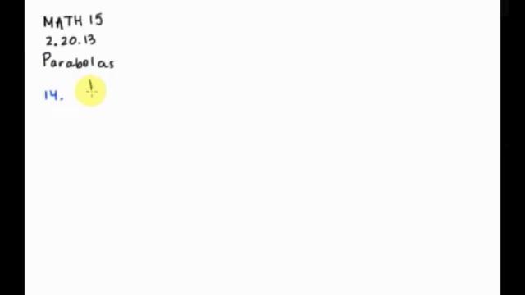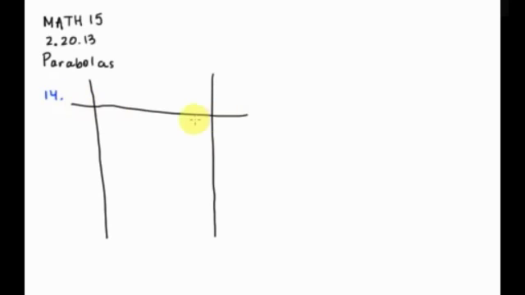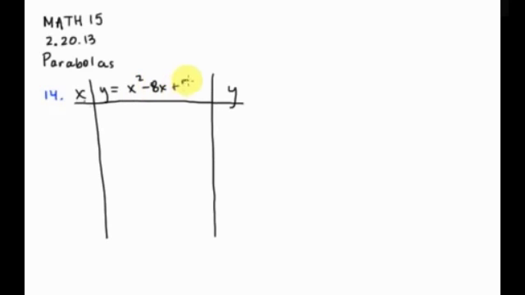So let's have an x here, and let's have a y here. Oh my god, that is the worst line that I've ever drawn. That's only a bit better. So for 14 we have y equals x squared minus 8x plus 7.